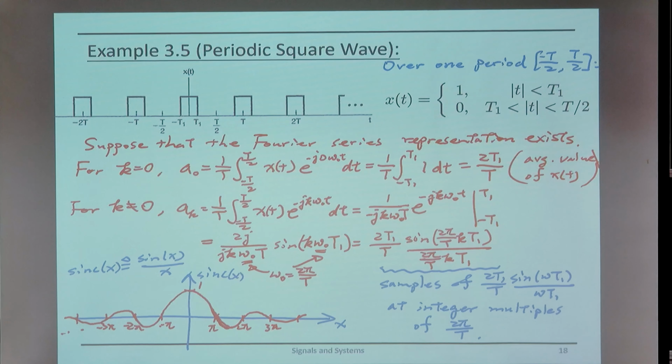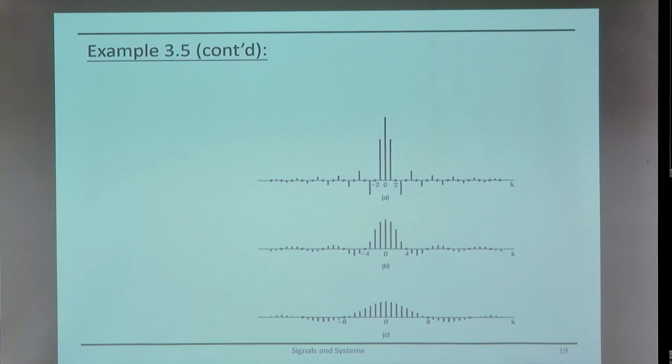We can try to visualize this. If you plot this out, you have 2T1 over T times sine omega T1 over omega T1, and the zero crossing points are at integer multiples of pi over T1.